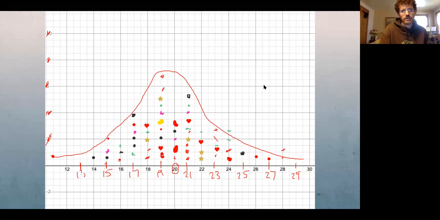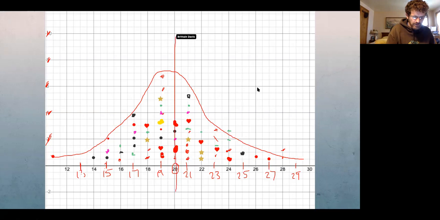Now, this does have a mean, and spoilers, the mean is 20. It also has a standard deviation, which we will calculate. We can describe this normal distribution with those numbers, and when we get them it should make sense. We can almost superimpose that.